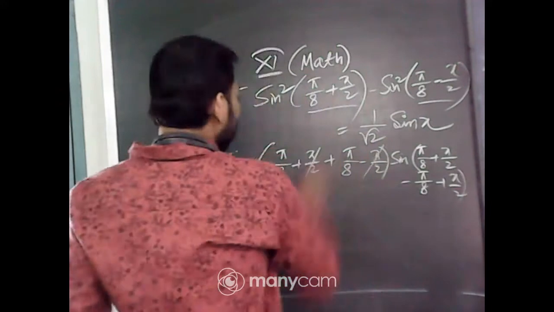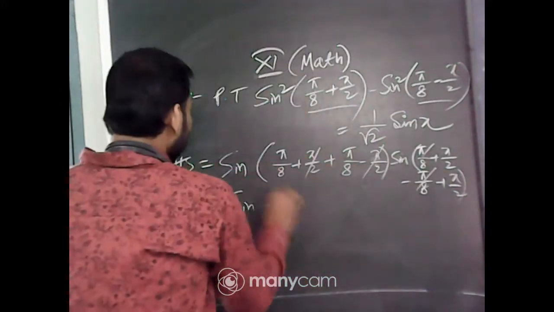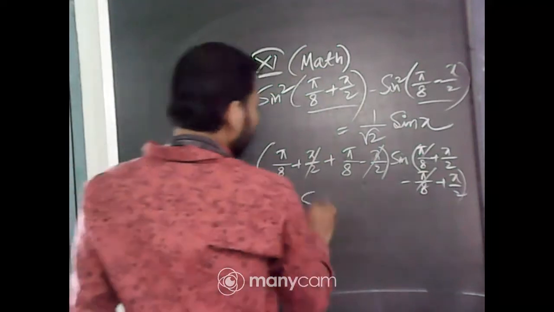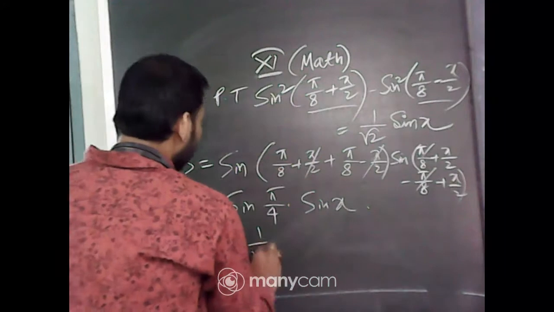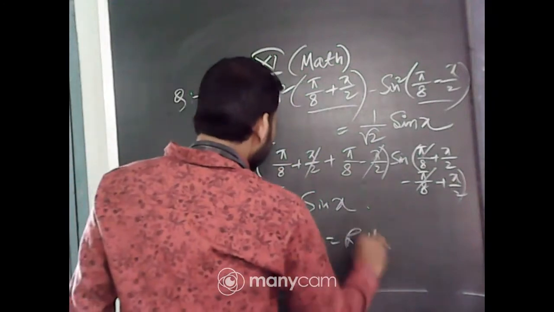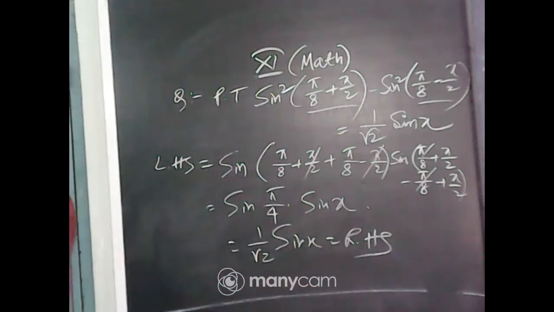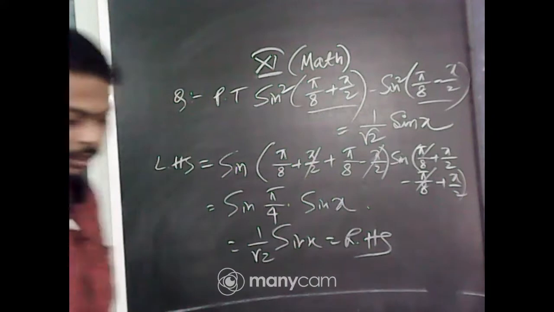So x by 2 will cancel out, pi by 8 will cancel out. It will be sin pi by 4 into sin x. Sin pi by 4 means 1 by root 2. That is our RHS. Is it all right?